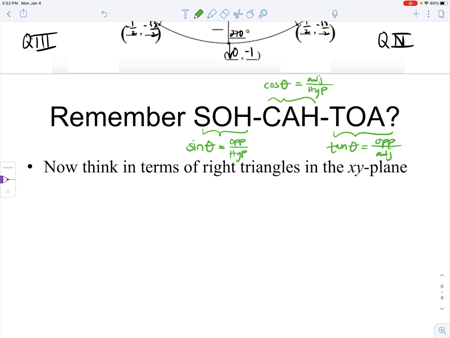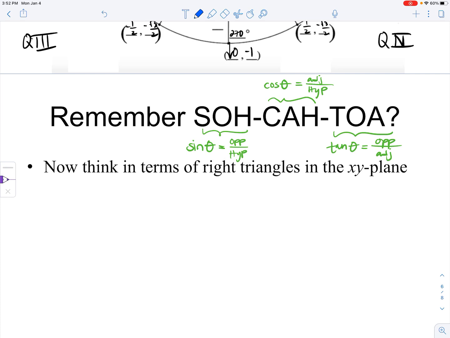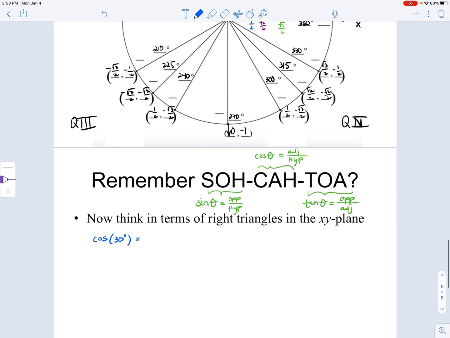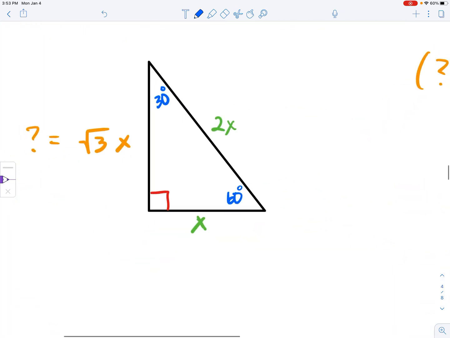I'm trying to think, what do I want to do first? Okay, so just an example, like if we thought about using one of the angles from our special right triangles. So like if we wanted to determine what cosine of 30 degrees is, we could go up to that triangle.